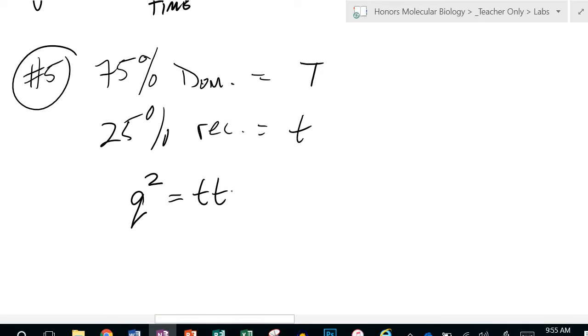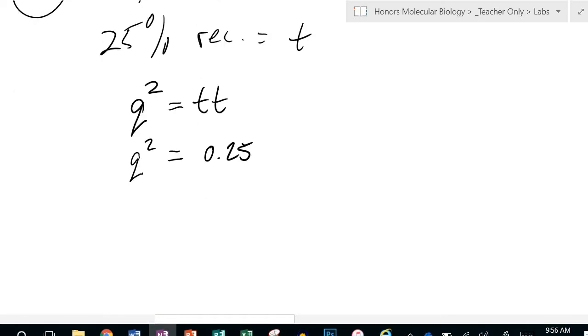To solve for Q, we plug in our numbers: Q squared equals 0.25, since 25% converts to 0.25.